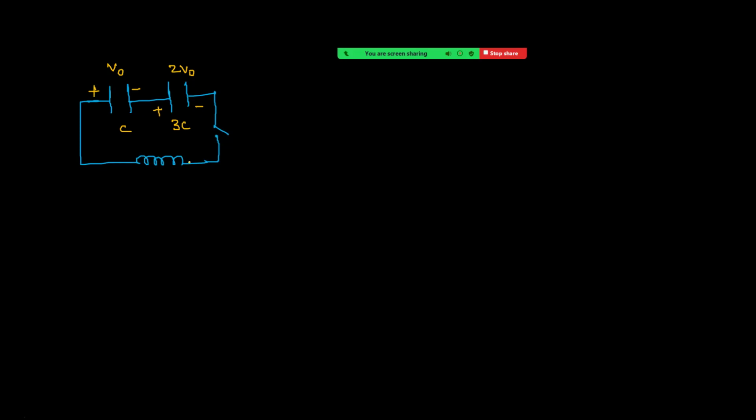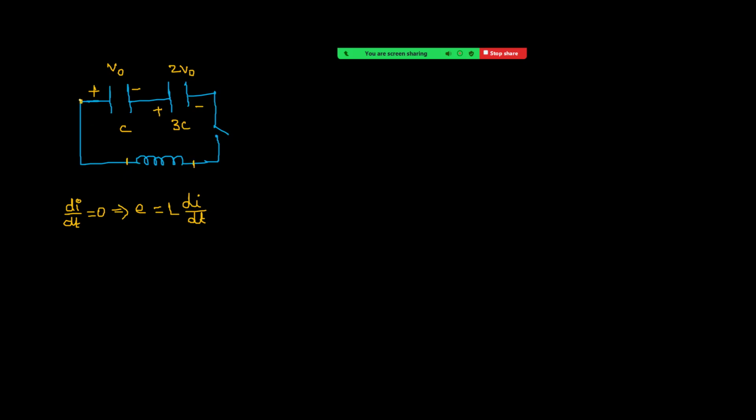Maximum current. So current maximum means di by dt will be 0. That implies the EMF across the inductor is 0, because it is equal to L di by dt. Right? That means across these two, what is the potential difference? It is 0.